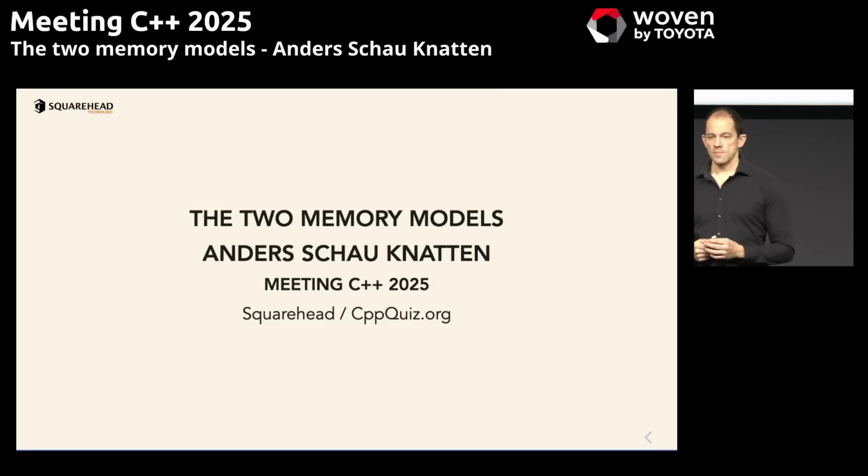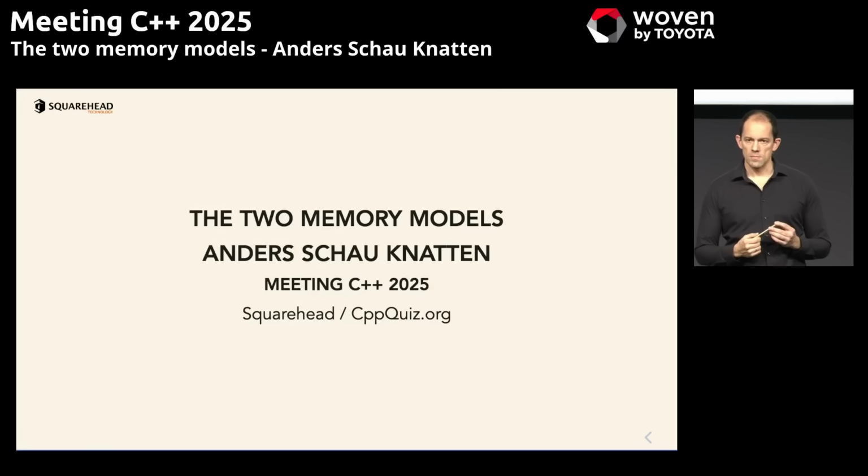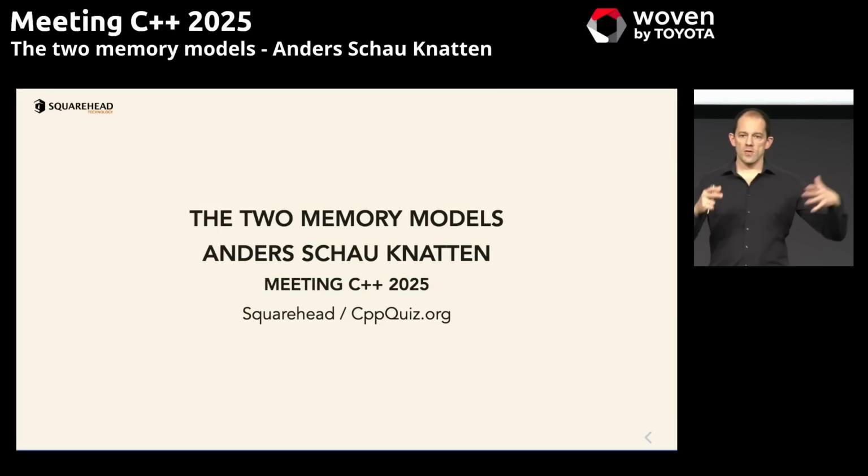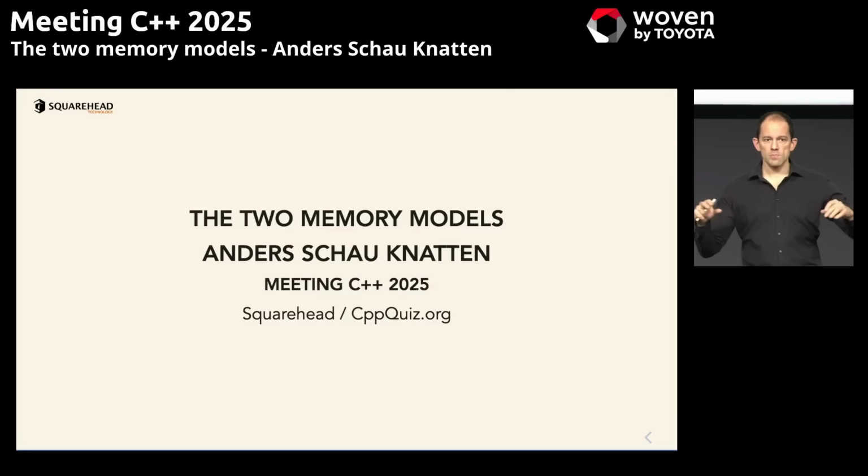One more from online. We have a second question. Can the CPU memory model override the programming language memory model? For example, if we use the default memory order in our program, will the CPU use another memory order on its own? Yes. The names are often the same. You have the sequentially consistent C++ memory model, and you have the sequentially consistent CPU memory model, but those mean different things. In C++, it means all of your atomic operations go in a single order.